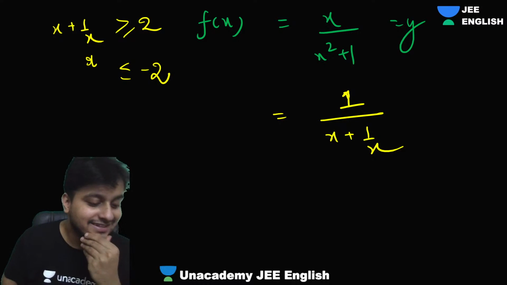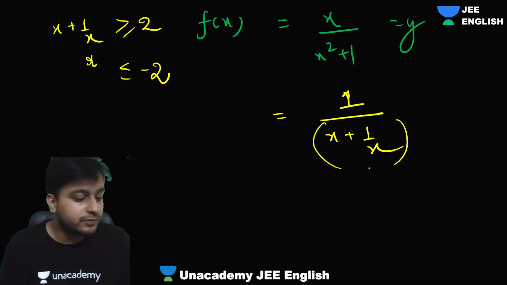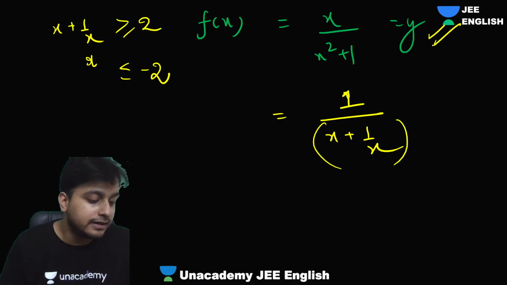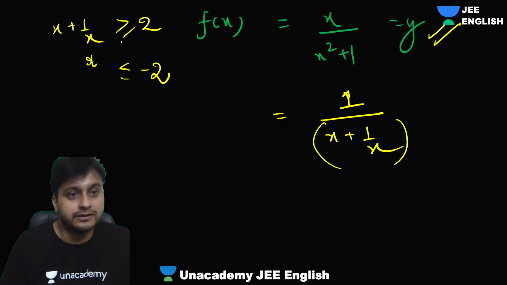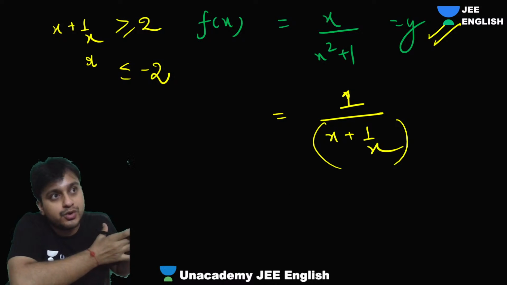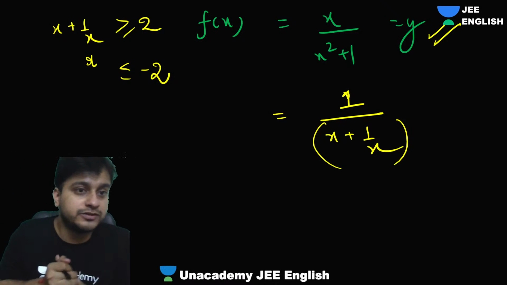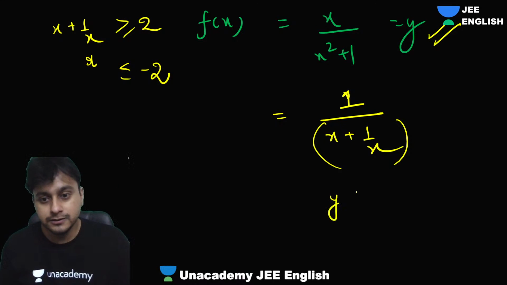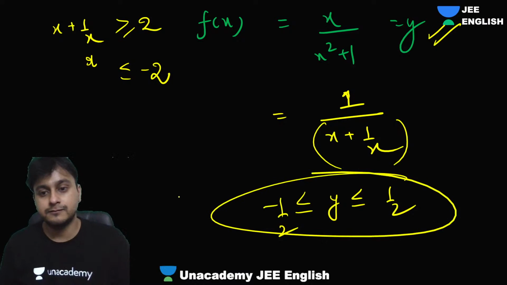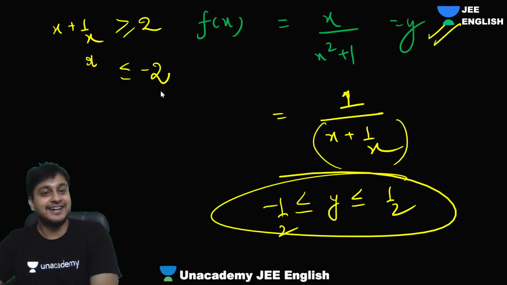That's the reason why range is not R. Equating x plus 1 by x to y is also a very interesting method. But guys, the easy method is this one. If a number is more than 2 or less than minus 2, its reciprocal will be between 1 by 2 and minus 1 by 2. So that's why y will be between half and minus half. Understood? That's the range guys.